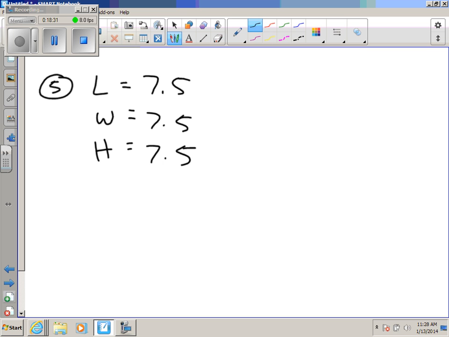So I could do what? Take the 7.5, multiply it by another 7.5, and then multiply it by what? How many total faces are on this cube? 6. Do it.